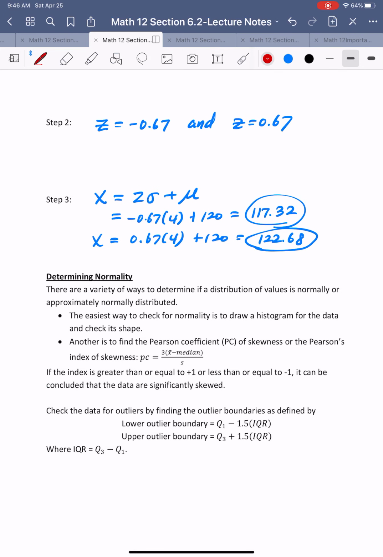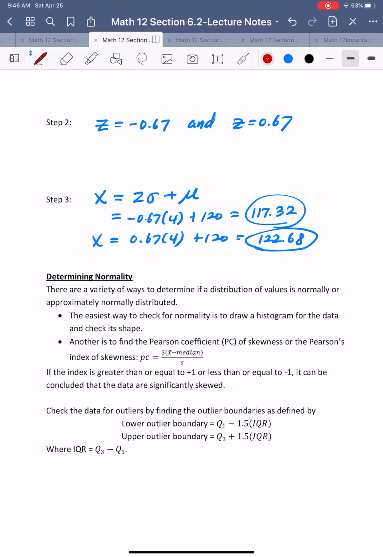Okay, then determine the normality. There are a variety of ways to determine if the distribution of the values is normal or approximately normally distributed. The easiest way to check for normality is to draw the histogram for the data and check its shape. Another is to find the Pearson coefficient, PC, Pearson's index of skewness. PC equals 3 times x bar minus median, divided by s.